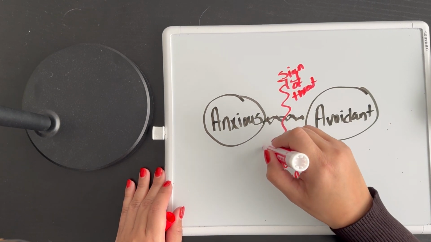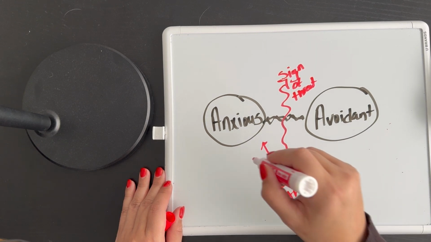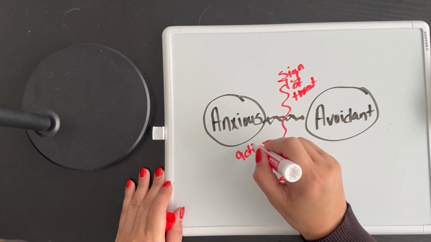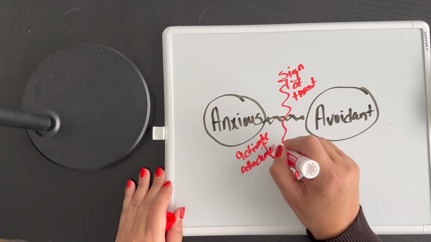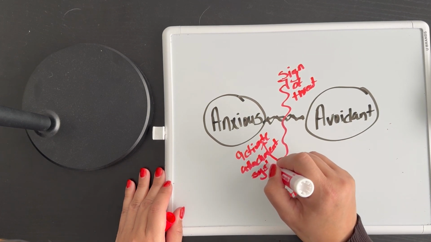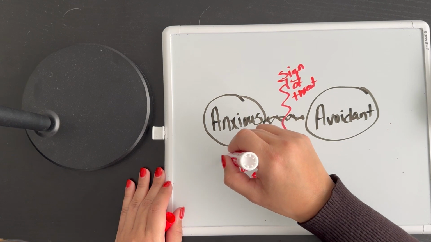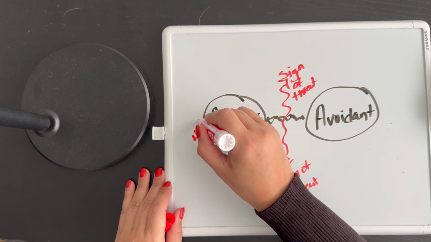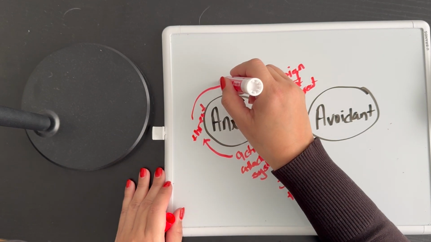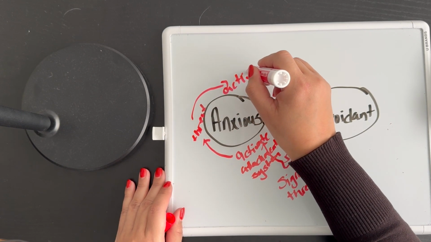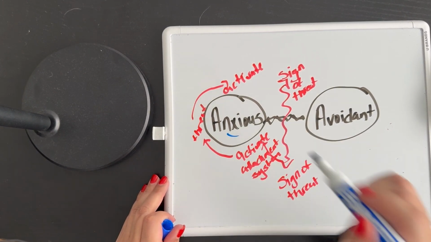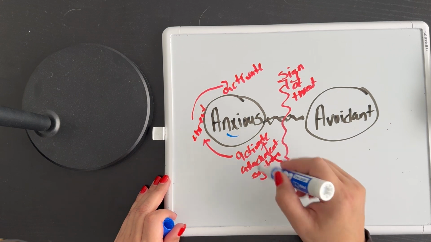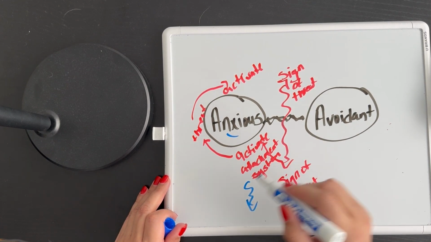For the person with an anxious attachment style, at the sign of a threat, they activate their attachment system. And as the threat continues, they continue to activate. Oftentimes the way a person with an anxious attachment style activates their attachment system is through protest behavior.